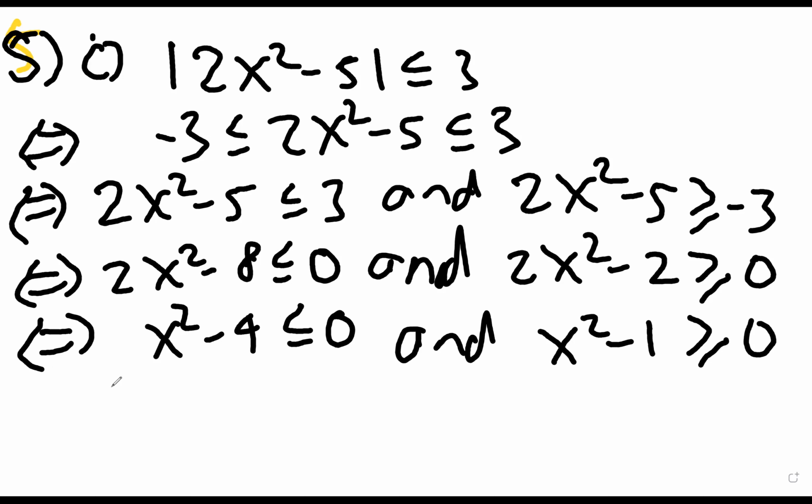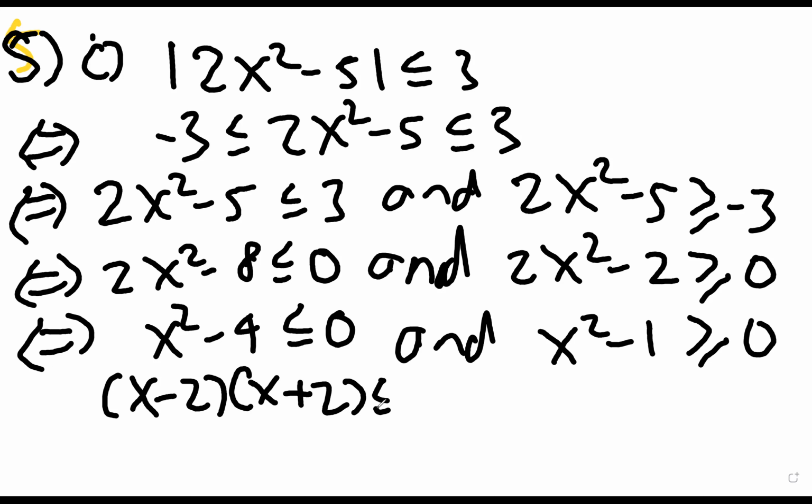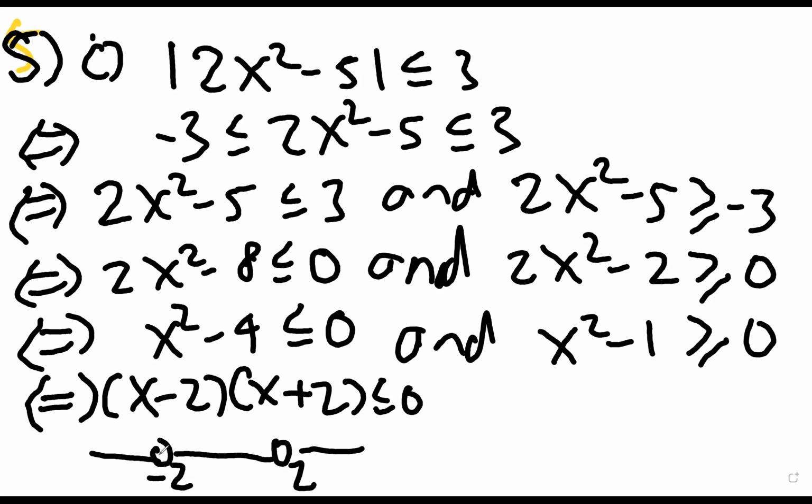Of course, in the first inequality, I have x minus 2 multiplied by x plus 2 is less than or equal to 0. The roots are minus 2 and 2, and then we check the sign: positive, negative, and positive.